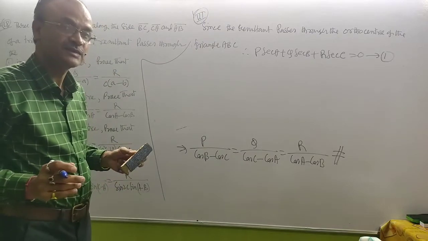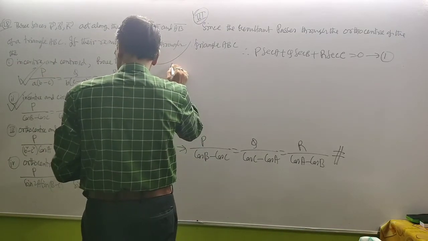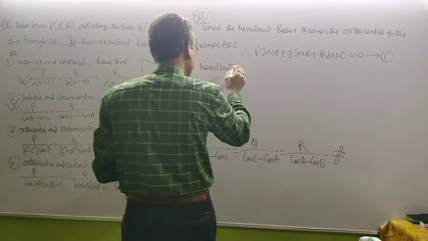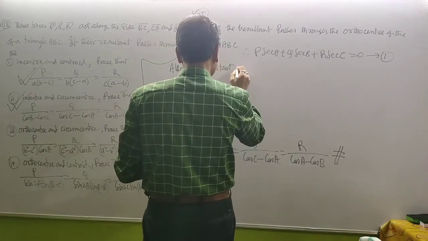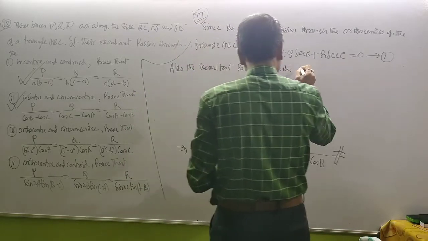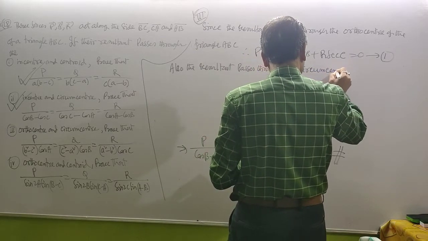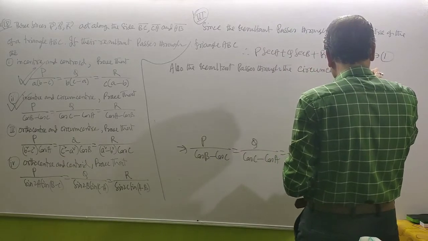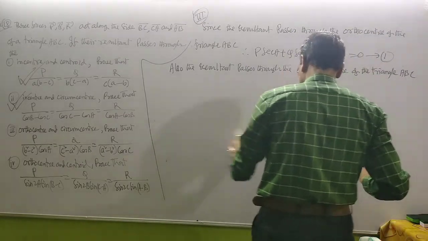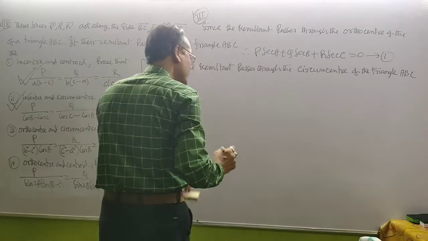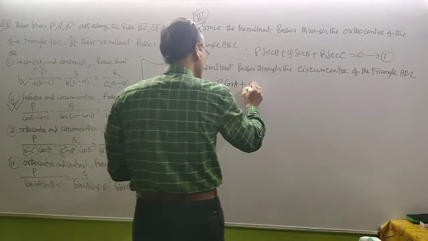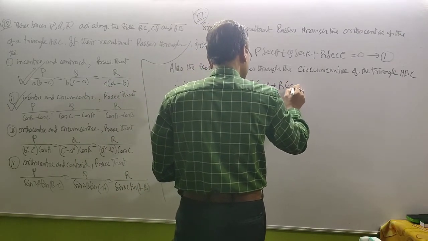Also the resultant of the forces P, Q, R acting along BC, CA, AB of the triangle ABC passes through the circumcenter of the triangle ABC. Then, therefore, we get P cos A plus Q cos B plus R cos C equal to 0.